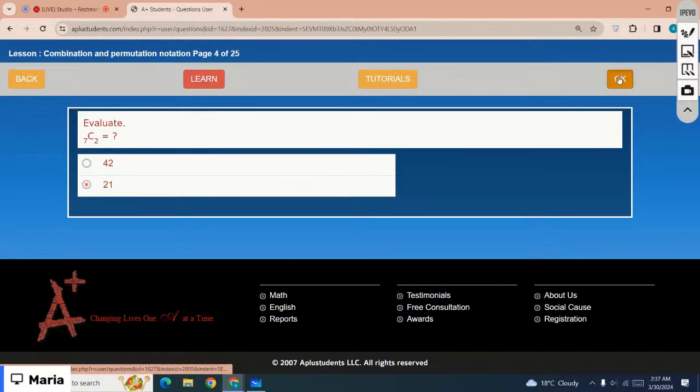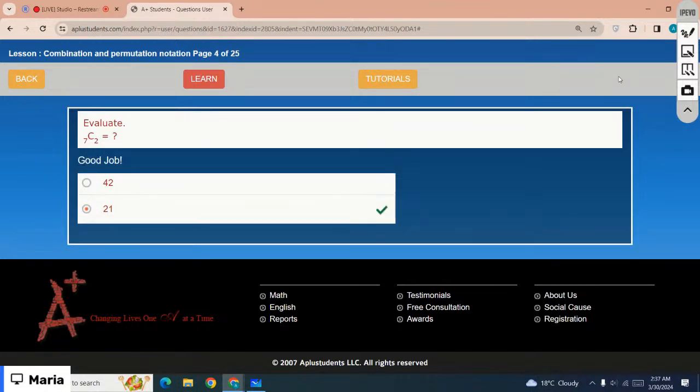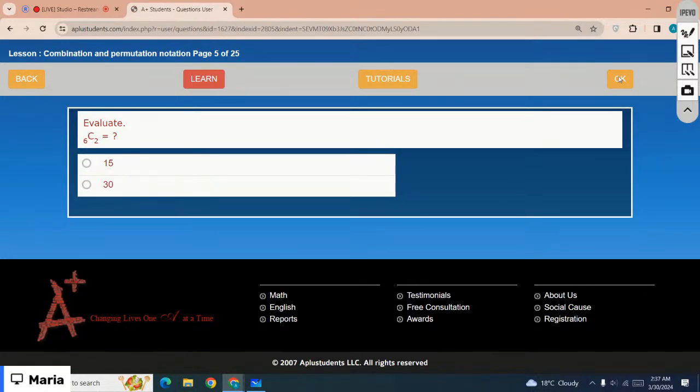The correct option is option number two. 6C2, which is the correct option?